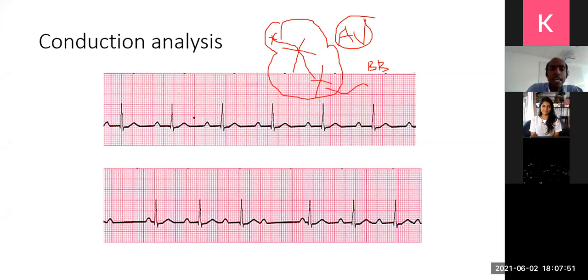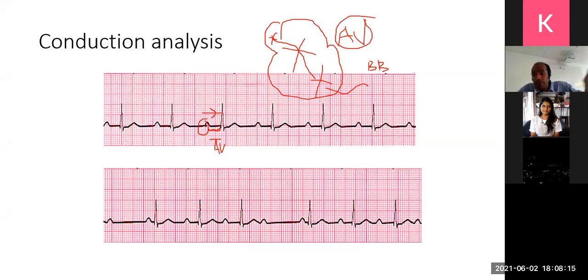all the P waves are conducted. This is where the AV node is. All the P waves are conducted. They all go through without any trouble. All the P waves go. Right? But there is a small delay.